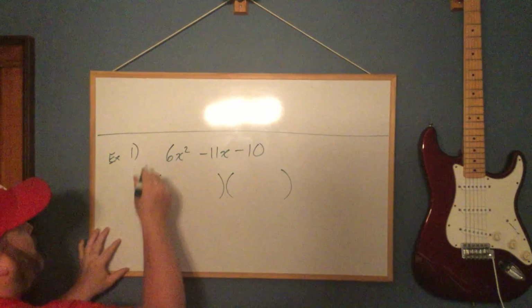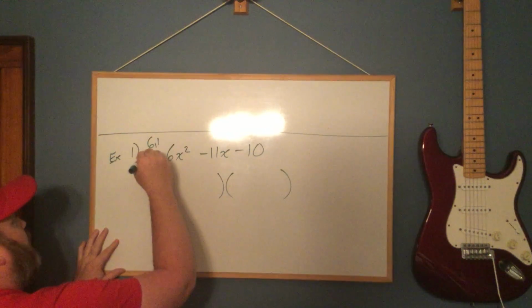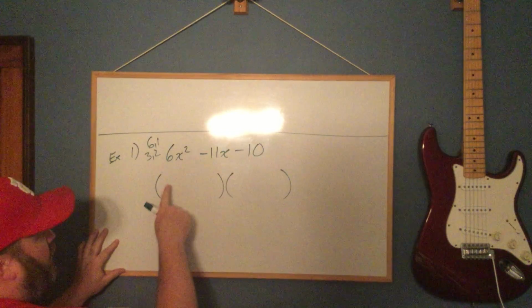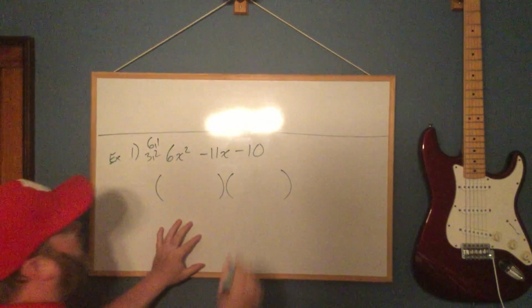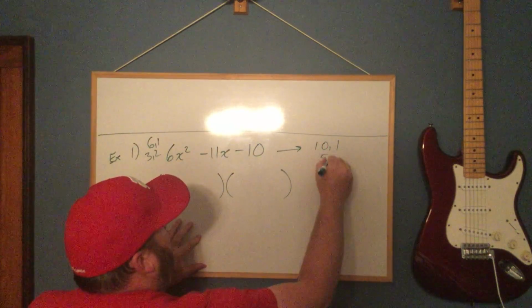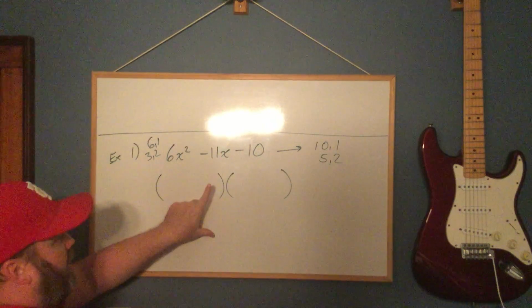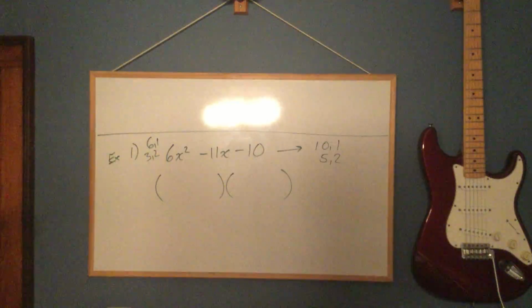Unfortunately, with 6, we have 6 and 1 as well as 3 and 2. And I don't know if it's going to be 6 and 1 or 3 and 2. I don't know yet. I have to guess and check. With 10, we have 10 and 1, or we have 5 and 2. So I could have a 10 here and a 1 here, or I could have a 5 here and a 2 here. I don't know yet. Again, I have to guess and check.